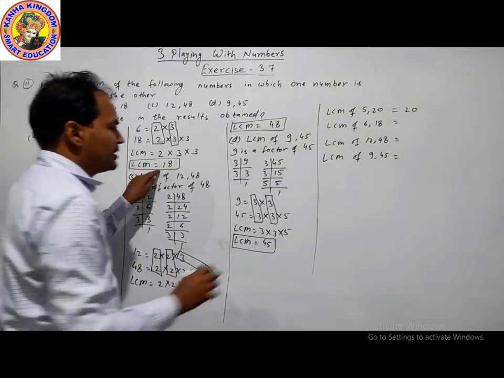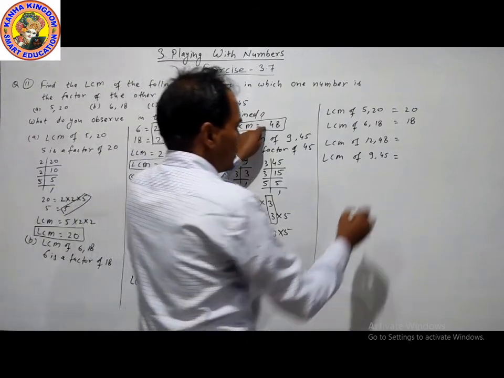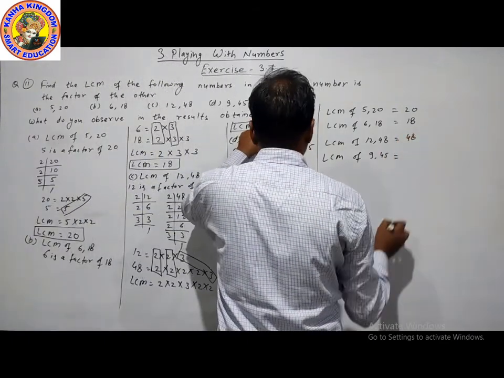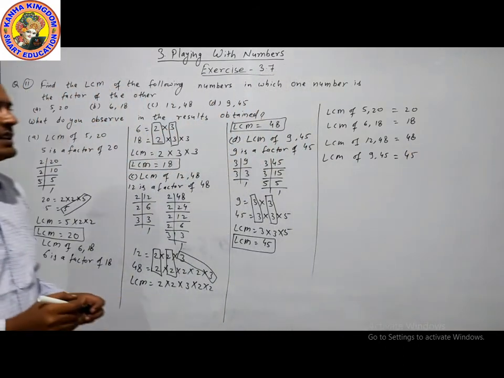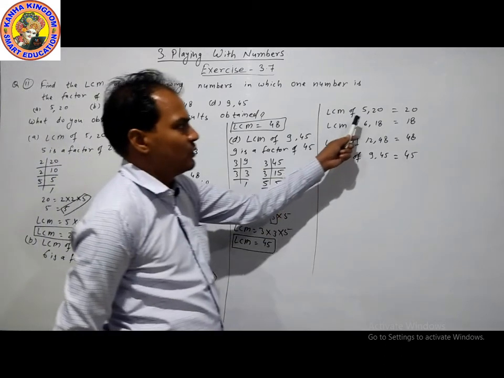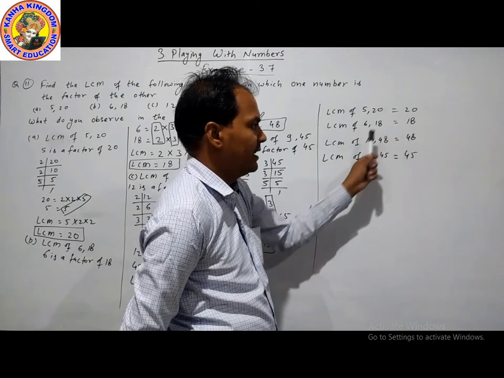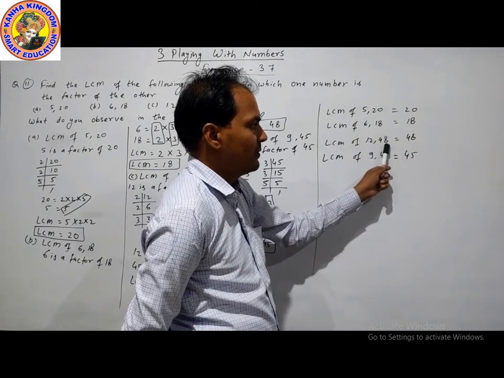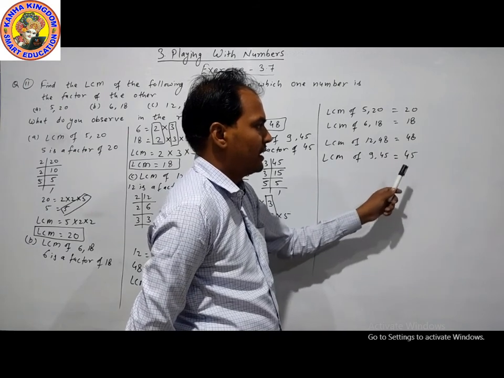The second LCM is 18, third LCM is 48, fourth LCM is 45. These are the LCM. Find a common property. LCM of 5 and 20 is 20, LCM of 6 and 18 is 18, LCM of 12 and 48 is 48, LCM of 9 and 45 is 45.